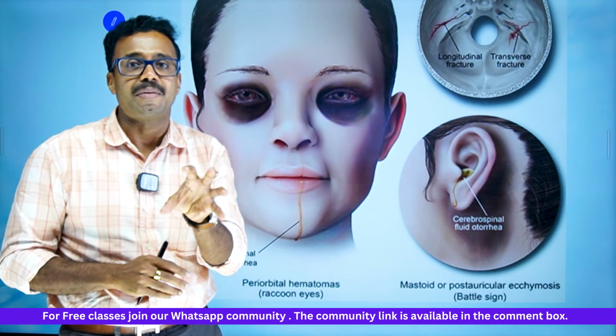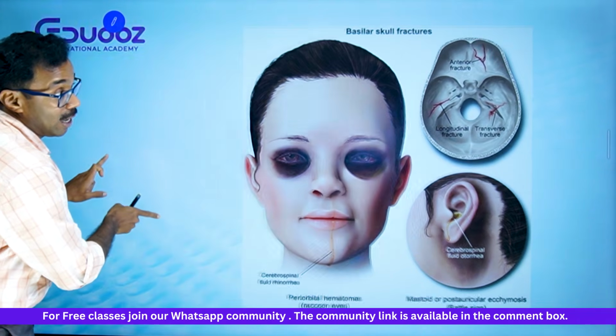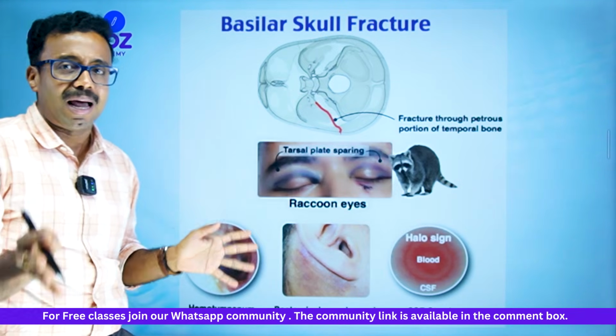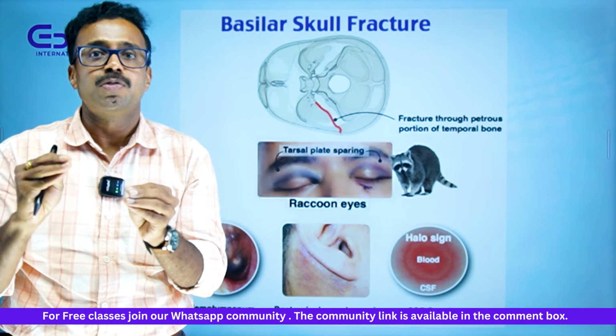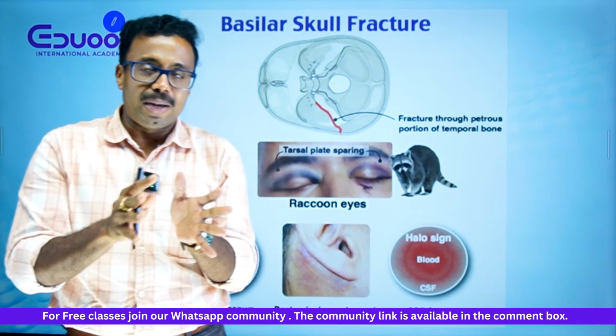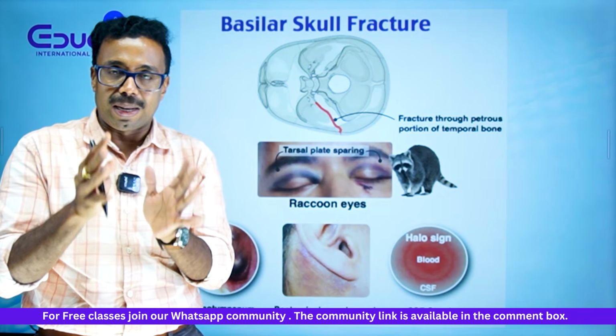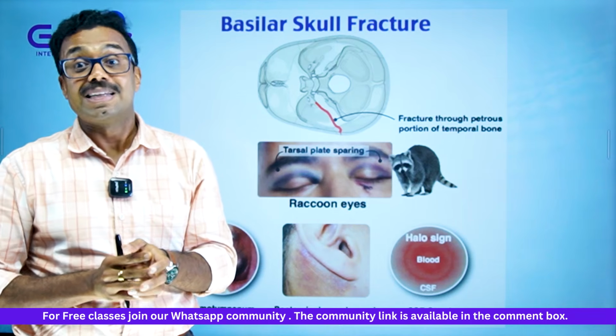So if the patient has periorbital edema as well as ecchymosis, we call it raccoon eye. These are the clinical manifestations or symptoms of patients with basilar skull fracture. Whenever you get a patient with any complaints or history of basilar skull fracture, you can see all these clinical manifestations.